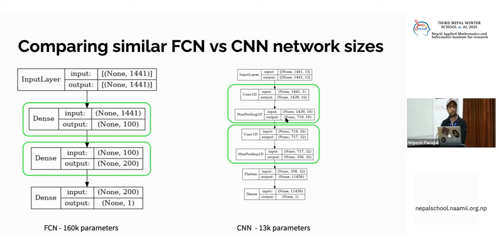Why? Does anybody remember? I mentioned earlier, even though it has fewer parameters, why would this take longer to train? No, actually the layer count is the same. There are 2 dense layers and 2 convolutional layers. Computation, yeah, that is correct. But why is there more computation?